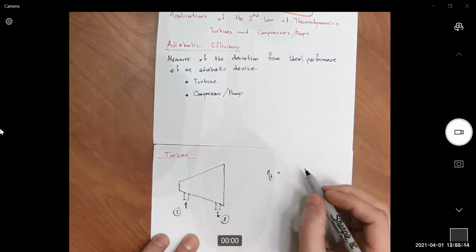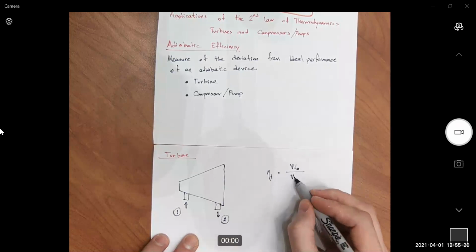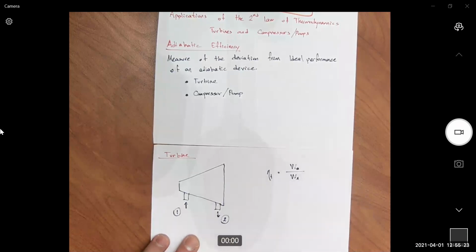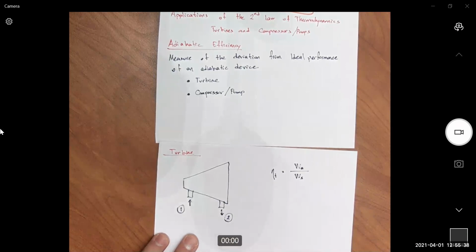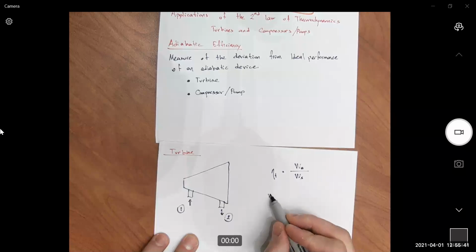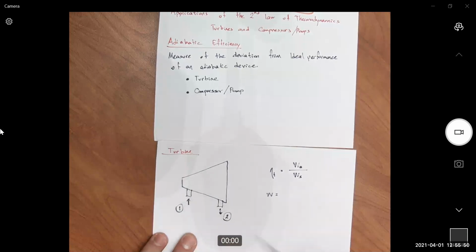So the adiabatic efficiency of a turbine will be work actual divided by work reversible. S stands for reversibility. Using the open system first law for one inlet, one outlet, and after eliminating what I have and what I don't in the system, for example, kinetic energy and potential energy are negligible and it's insulated, work will be minus delta H. Not always.